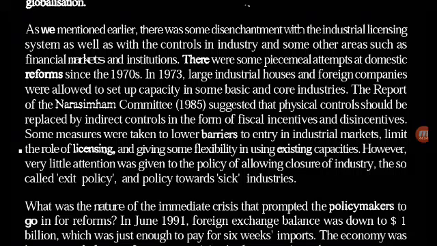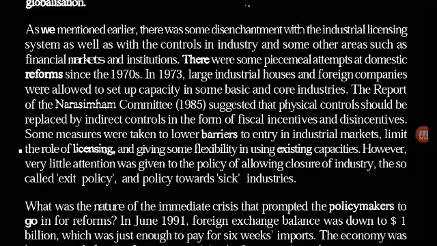Large industrial houses and foreign companies were allowed to set up capacity in some basic and core industries. The report of the Narasimham Committee 1985 suggested that physical controls should be replaced by indirect controls in the form of fiscal incentives and disincentives. Some measures were taken to lower barriers to entry in industrial markets.